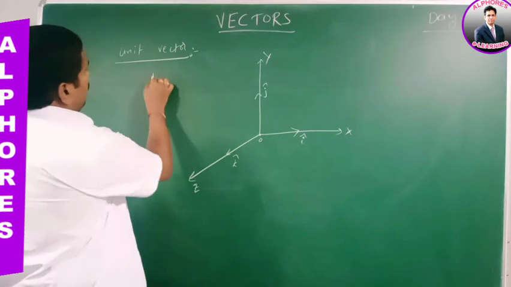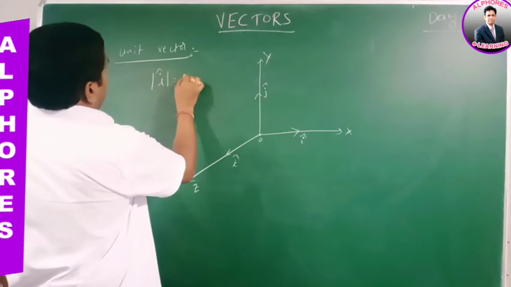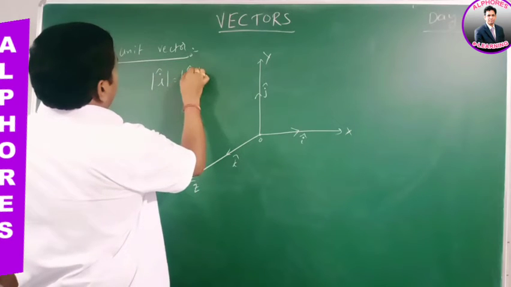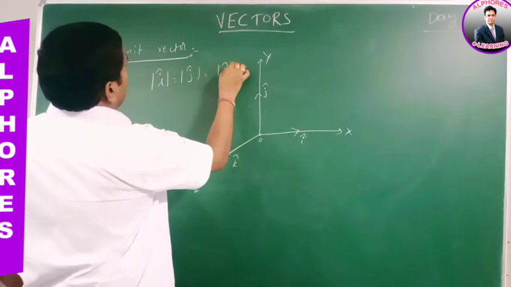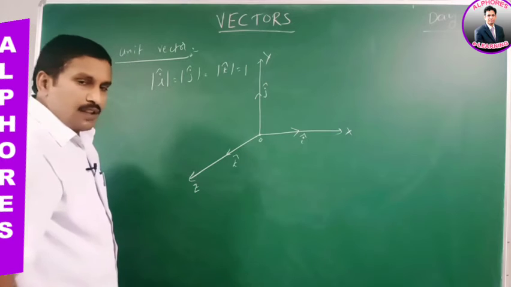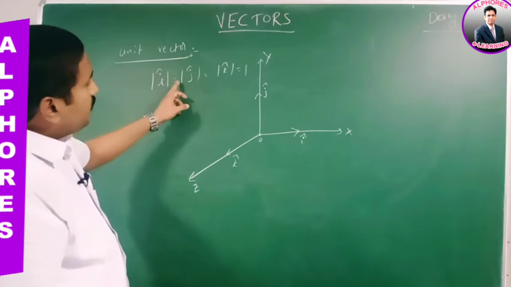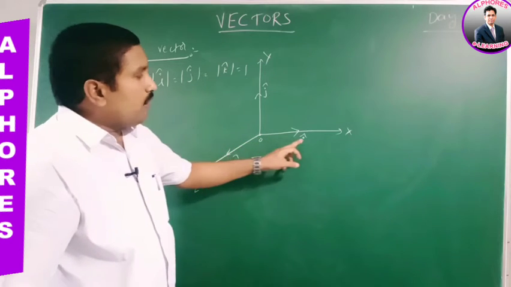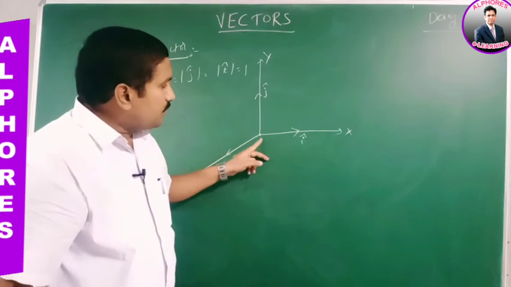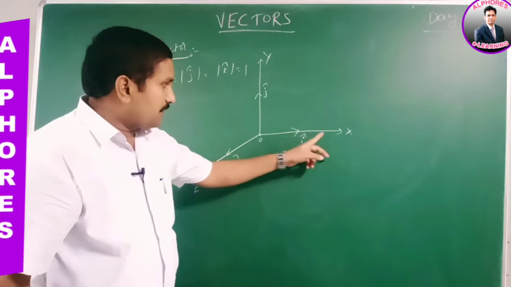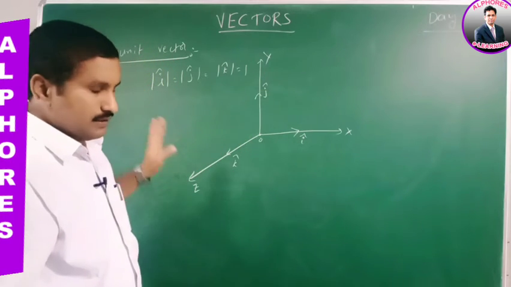The magnitude of i cap is equal to the magnitude of j cap, which is equal to the magnitude of k cap, which is equal to how much? 1. Magnitude 1 means the particle has only one directional motion, moving in only one direction, either along the x-axis or y-axis or z-axis.